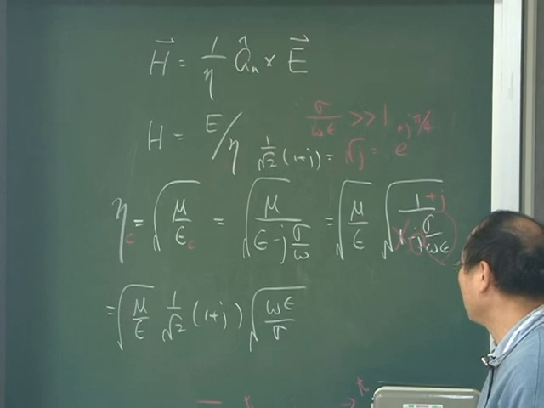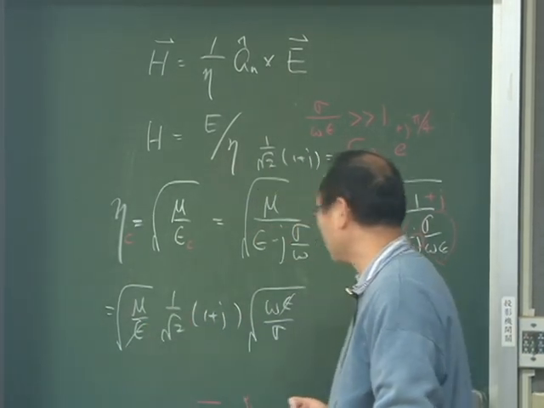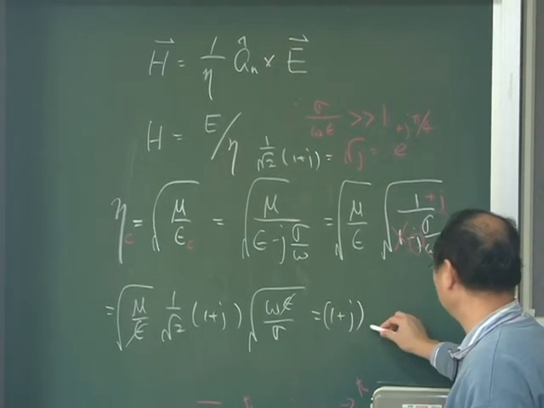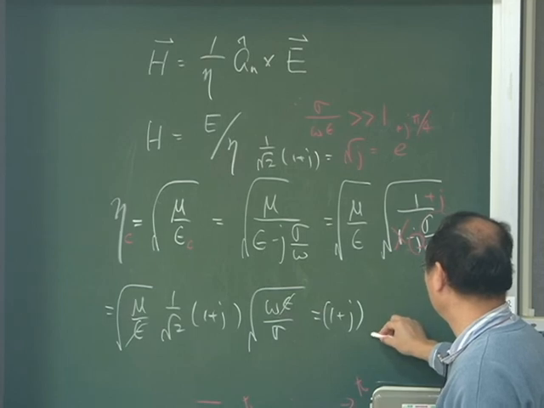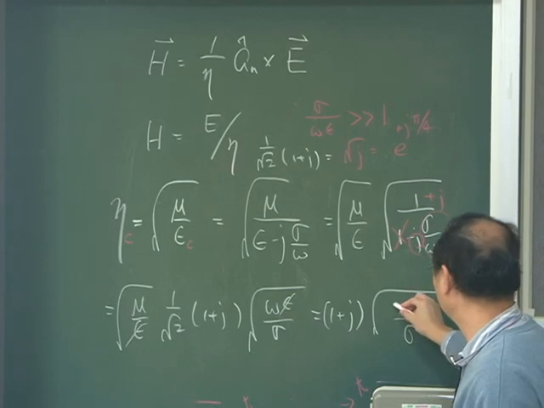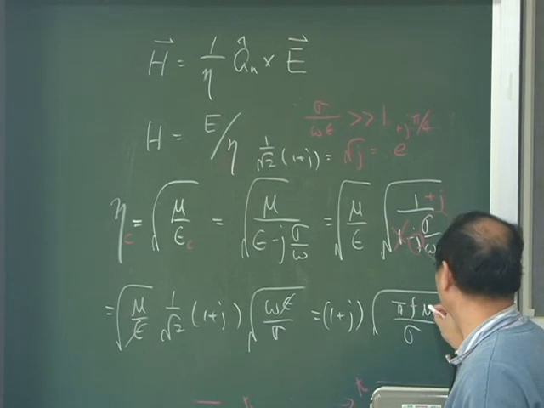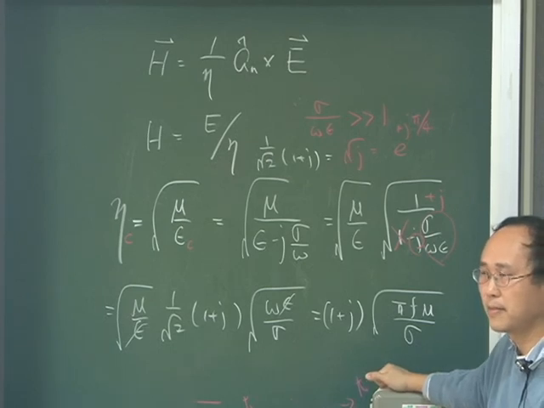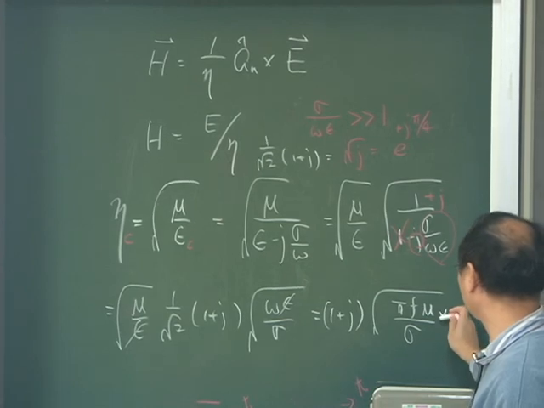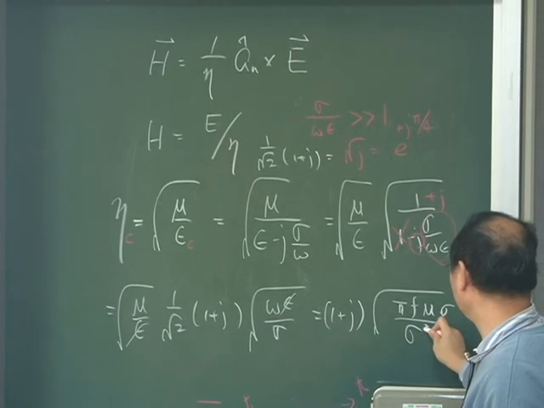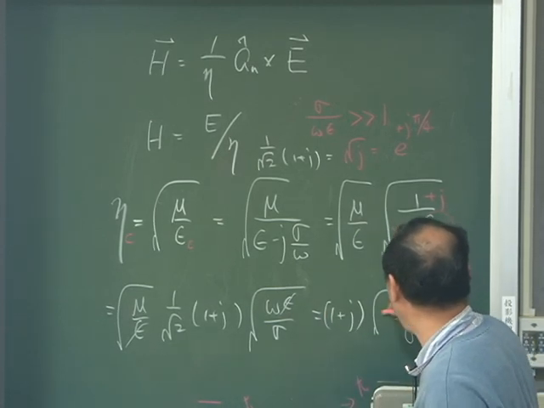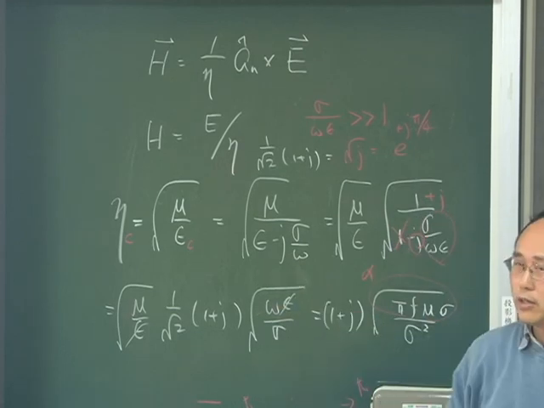OK，那一样，你这个 epsilon cancel 掉，你这里呢会变成 1 plus j, what square root of sigma pi f mu. OK，你如果在这里呢，乘上一个 sigma conductivity，这里变成平方，and you recognize that this is alpha over there.